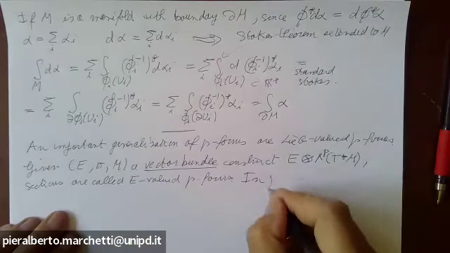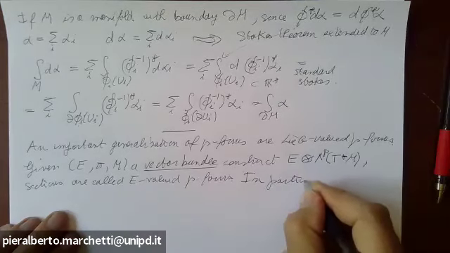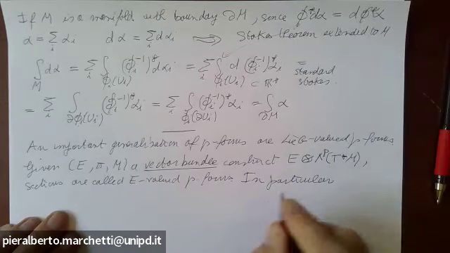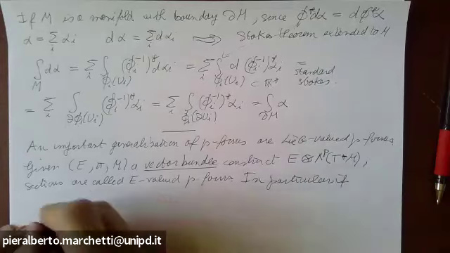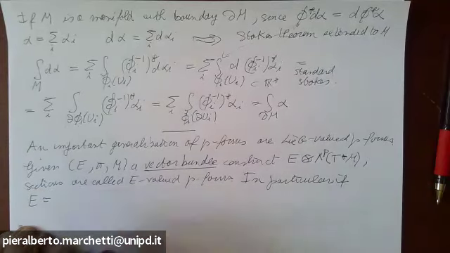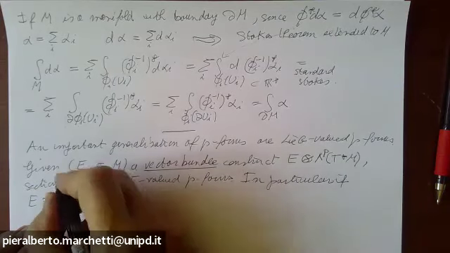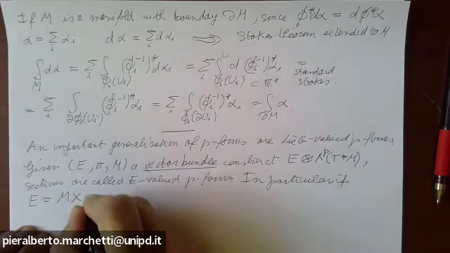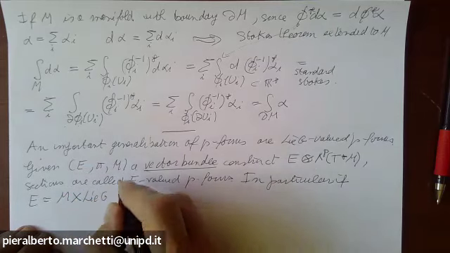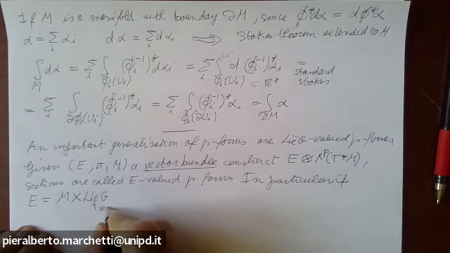In particular, the one I will be interested in, if E is equal to, E can generically be a vector bundle. Well, certainly a vector bundle is M times the Lie algebra of G, because remember this is a vector space.